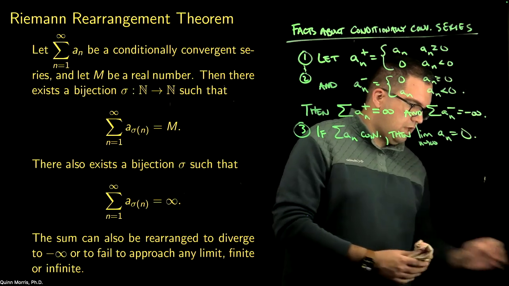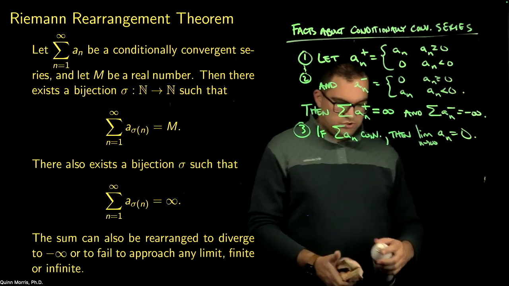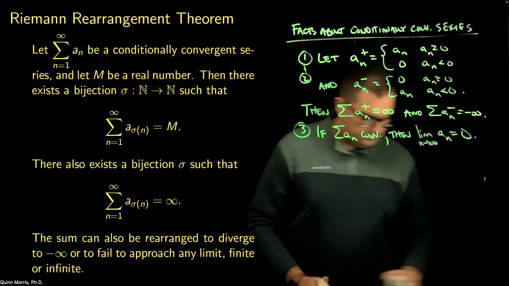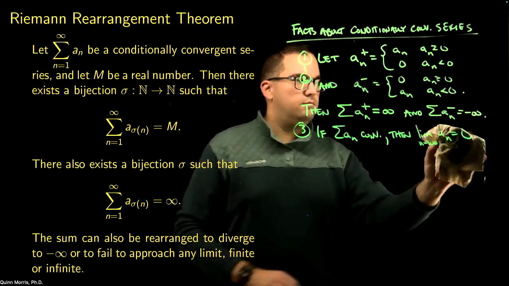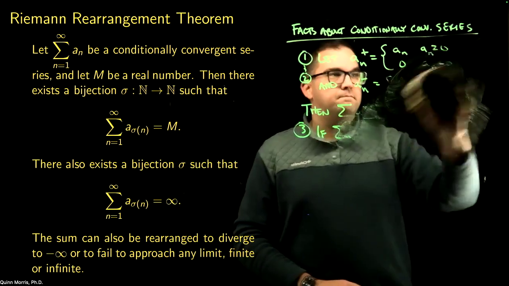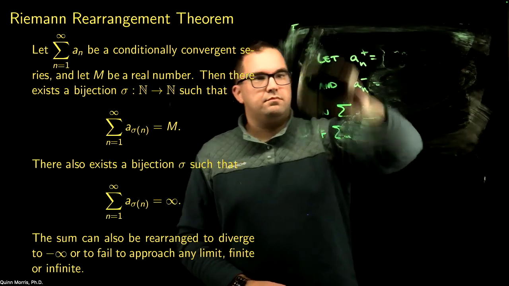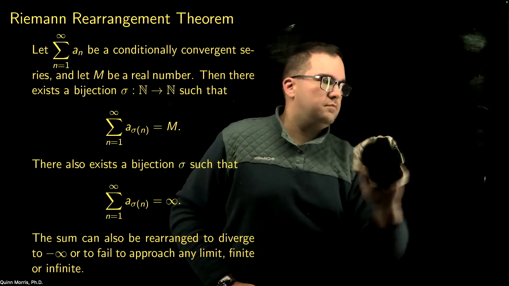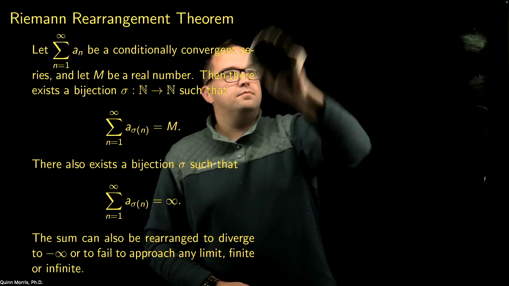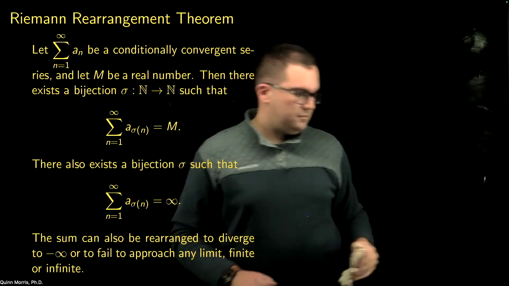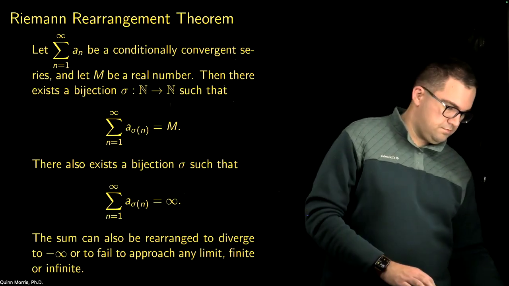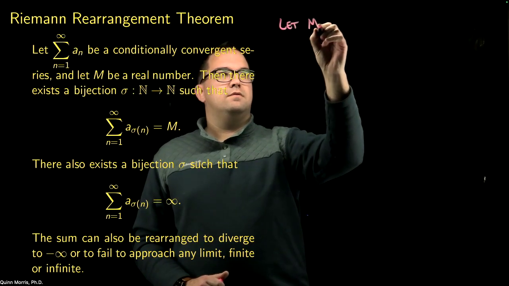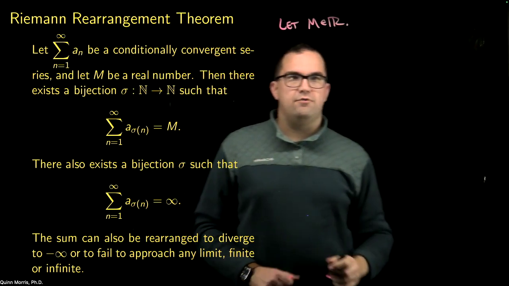All right. So once we have that, we set about constructing the rearrangement of our series that we want. And so, okay, let's imagine we have a real number m. We're going to take our real number m.